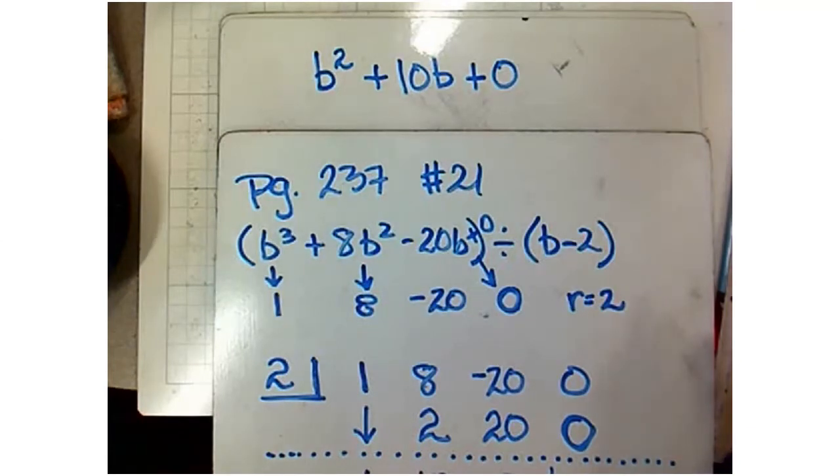Now the trickery, and SS pointed it out, was that you have to use a plus 0 if you don't have a constant. Notice on 23, there's a constant there. What's our constant? What's the constant of the dividend?